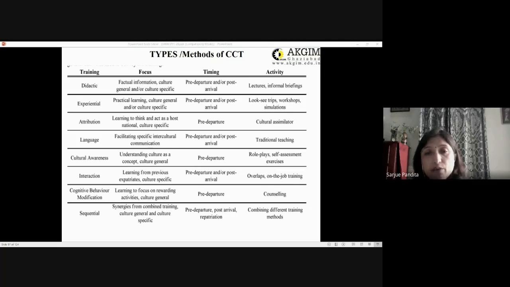You are planning one visit of the international assignee to the host country. Look-see trips can provide the first real experience of the country to the expatriate.